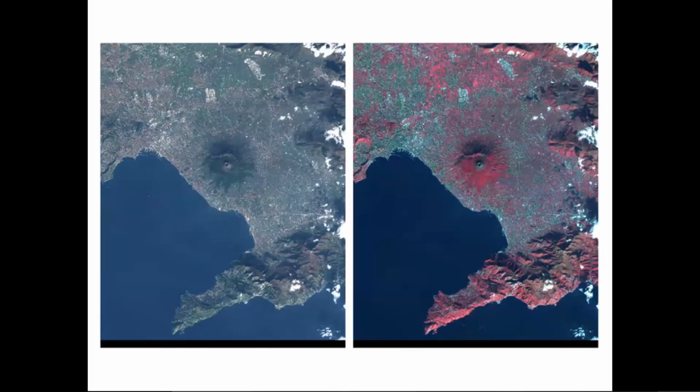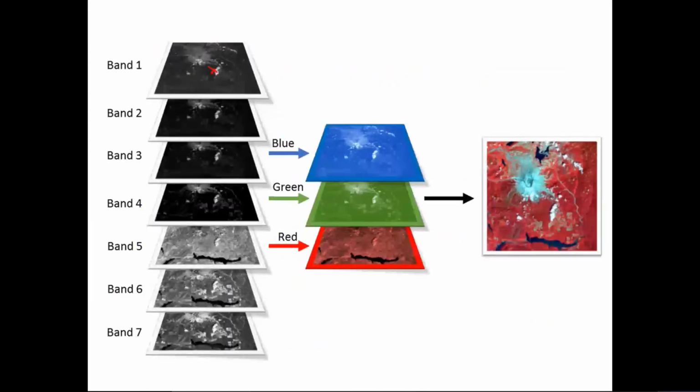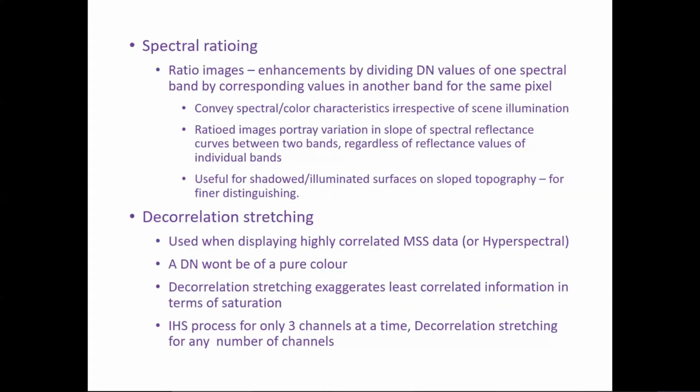You have to keep in mind that you have various bands for the same image, that is, data is collected in various wavelengths for the same location, and a particular pixel in that figure has different DN values in various bands in which the data is collected. Okay, so in spectral ratioing, you're actually enhancing an image by dividing the DN value of one spectral band by the corresponding value in another band for the same pixel.